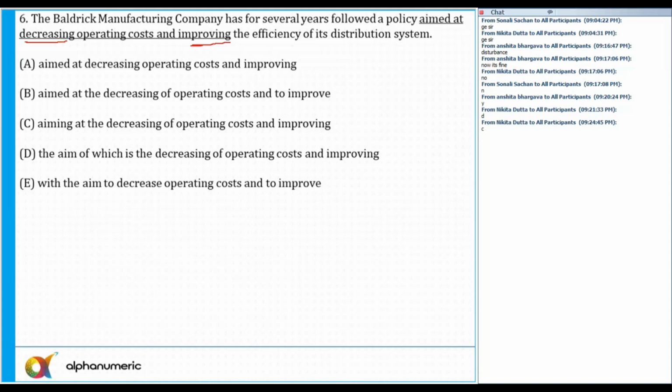Nothing wrong. The policy has two aims: decreasing operating costs and improving the efficiency of its distribution system. It is one company, that is why it is singular. I think there is nothing wrong. Answer is A.